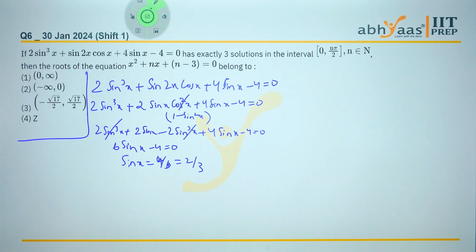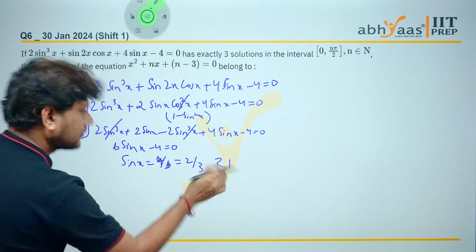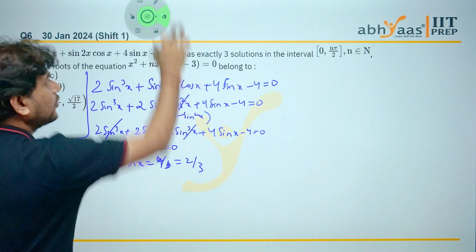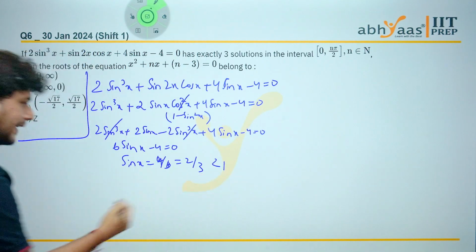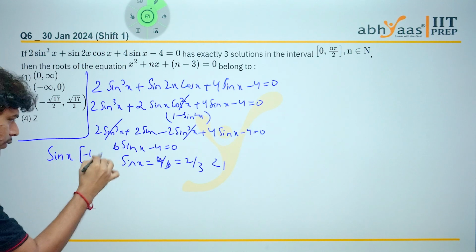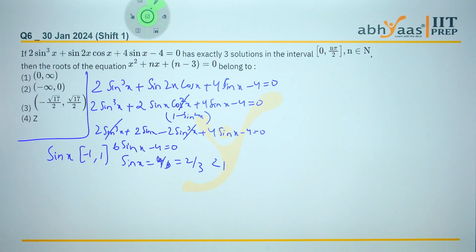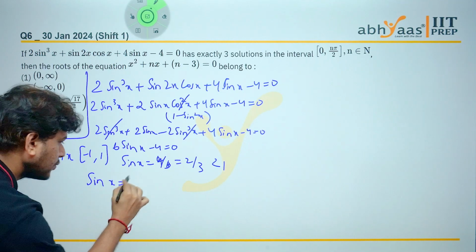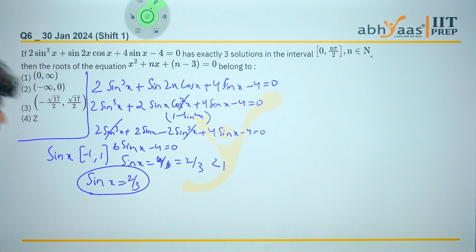Right? So this is less than 1. Sin x, the value we got is less than 1. So it exists because sin x exists from minus 1 to 1. Sin x equals 2 by 3, right?